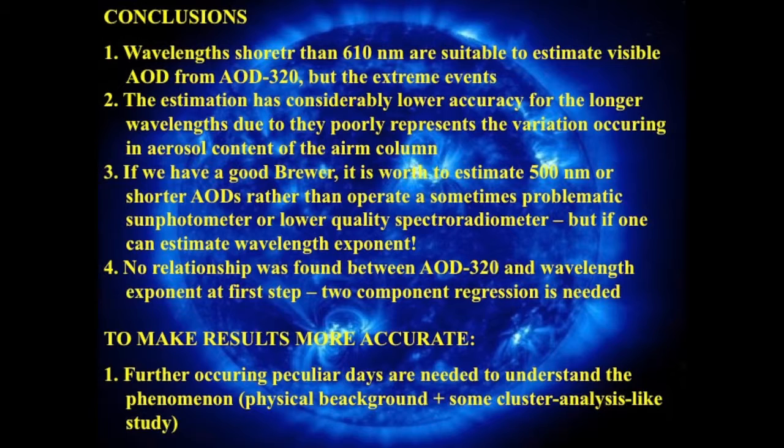If you have a good Brewer, it is a bit of an exaggeration, but we are a Brewer community, so it is good to emphasize that if you have a good Brewer, it is worth estimating 400 nanometer or shorter AODs rather than operating a sometimes problematic sun photometer or lower quality spectrophotometer. So it is an advertisement for the Brewer.